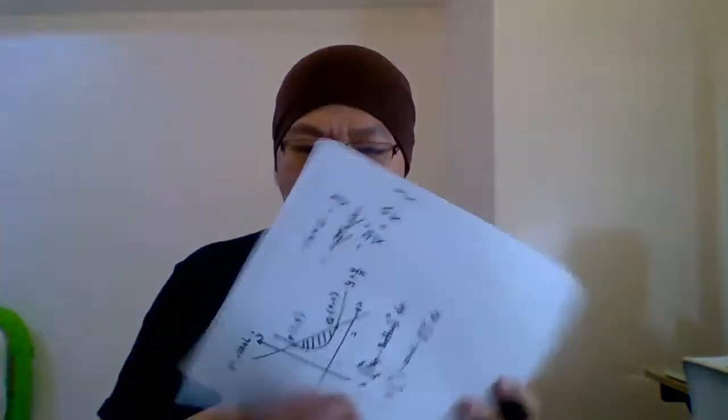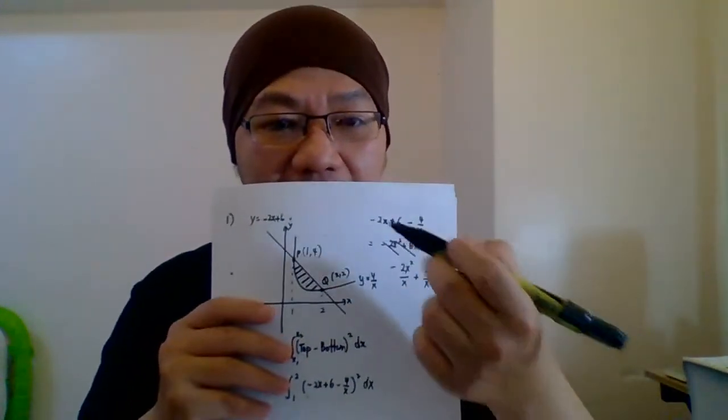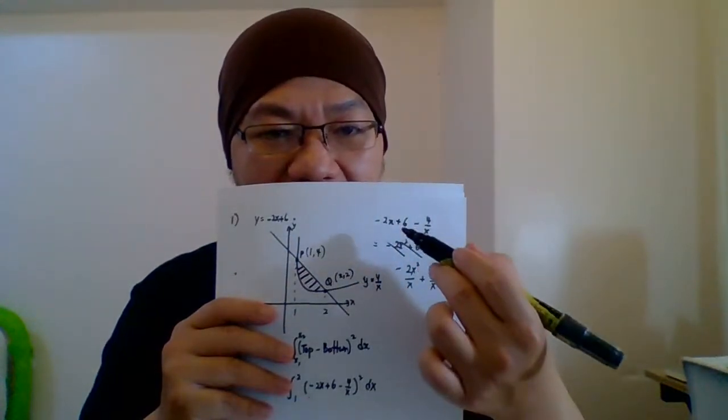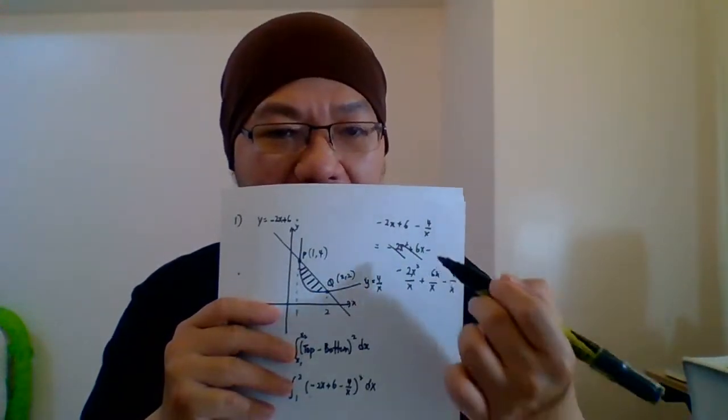I want to simplify this, so I multiply by x so that the denominators are similar and I can combine the whole thing. From here it becomes negative 2x squared plus 6x plus 4 over x squared. So you're supposed to get negative 2x squared plus 6x plus 4, everything over x squared.